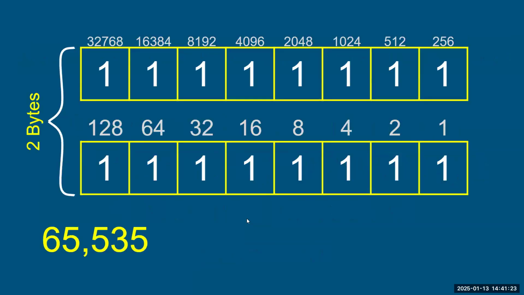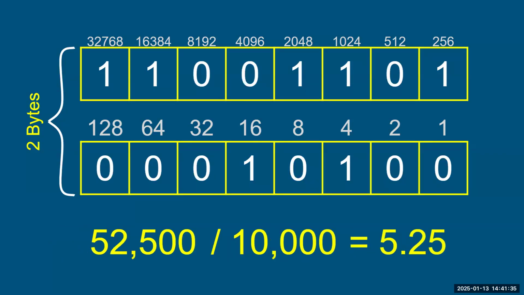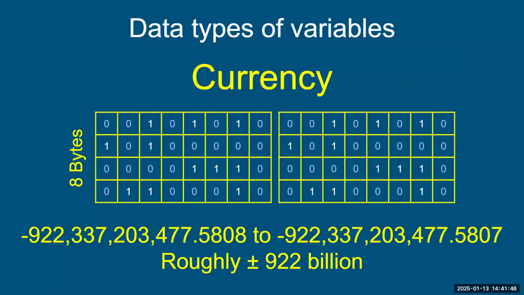So for example, if we had 65,535, if we divided by 10,000, that would give us 4 decimals, right? So that's one way to do it. If we had 52,500, divided by 10,000, that would be 5.25. So this is how decimals are basically recorded.